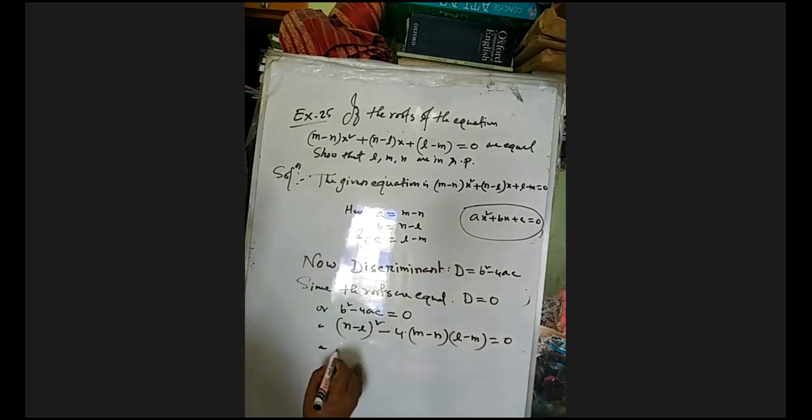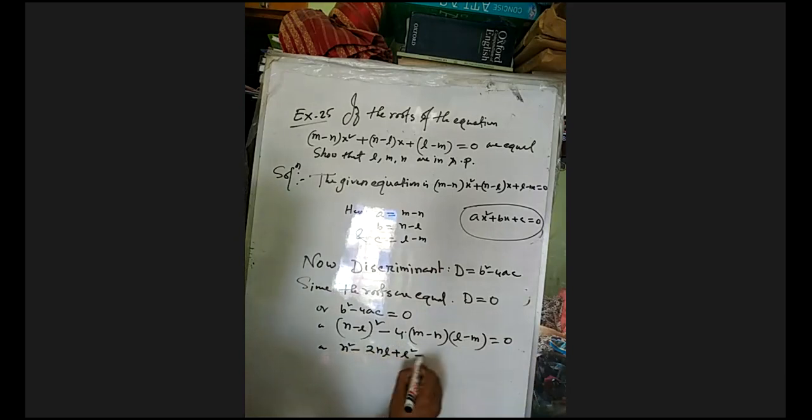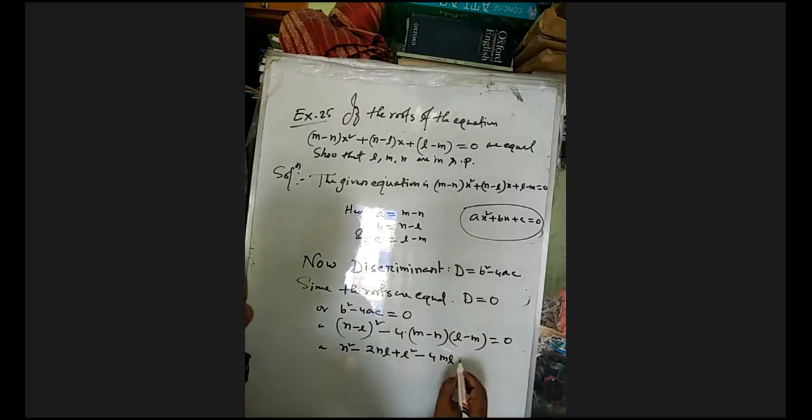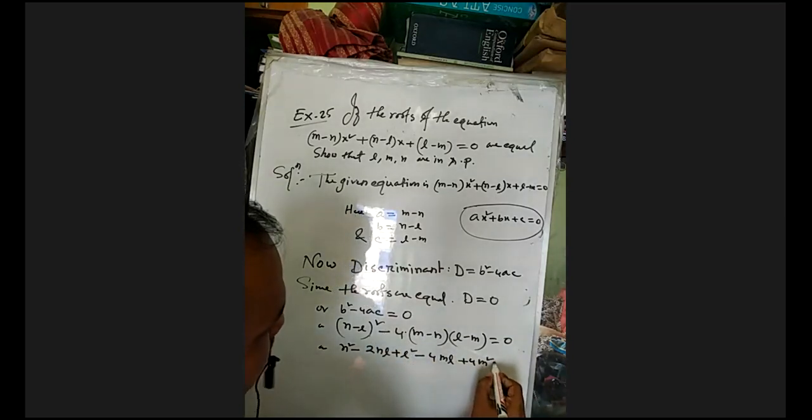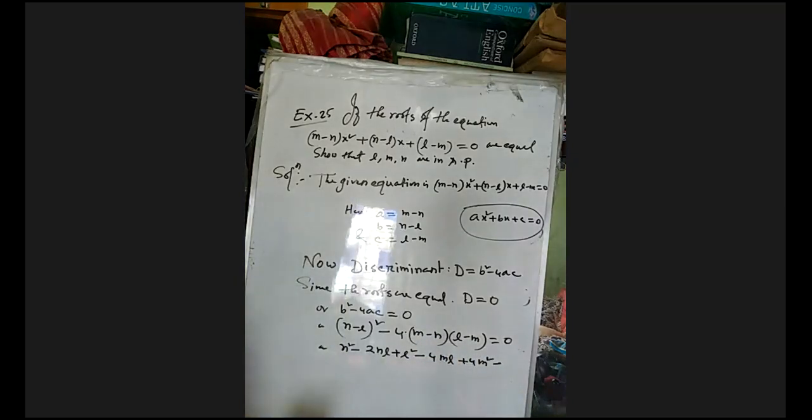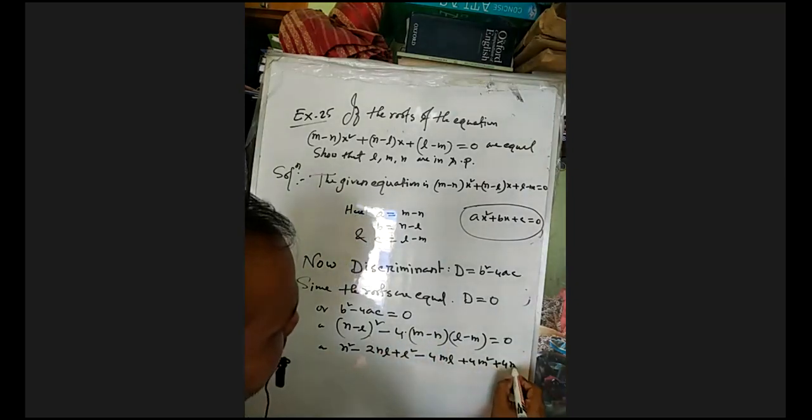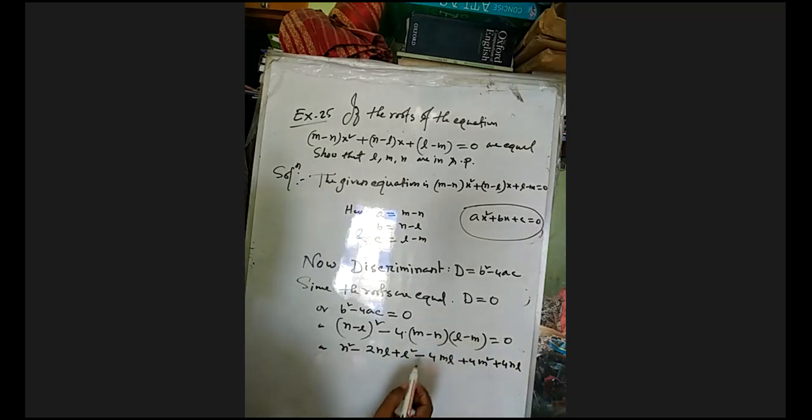Using the formula for a minus b whole square, we get n square minus 2nl plus l square, minus 4ml, then minus m square, plus 4m square, and then plus 4nl, minus 4mn equals 0.